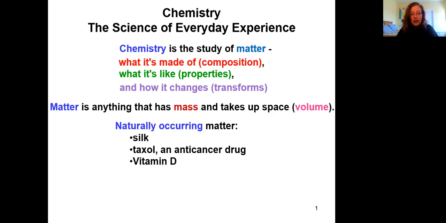Some examples of naturally occurring matter: silk, Taxol, which is an anti-cancer drug. I worked at RTI, Research Triangle Institute, after graduate school as a postdoctoral student.